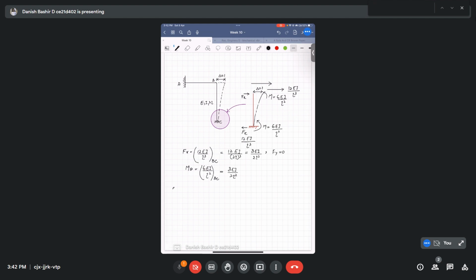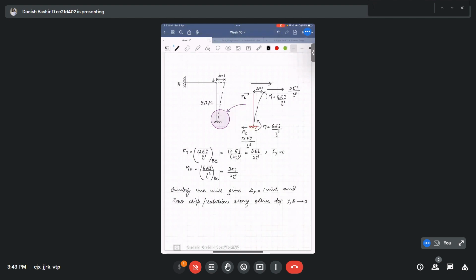Similarly, we will give delta along y equal to 1 unit and 0 displacement or rotation along the other degrees of freedom, that is x and theta tend to be 0.